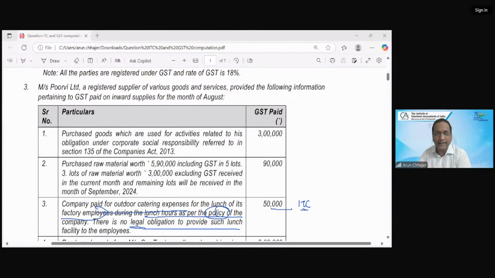Absolutely correct. Because there has to be the legal obligation.